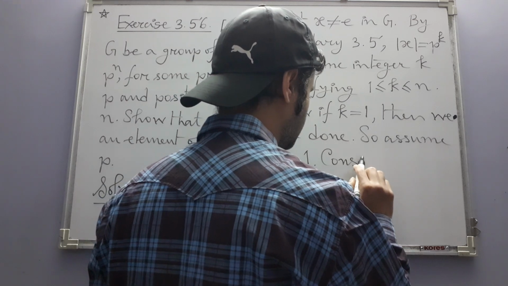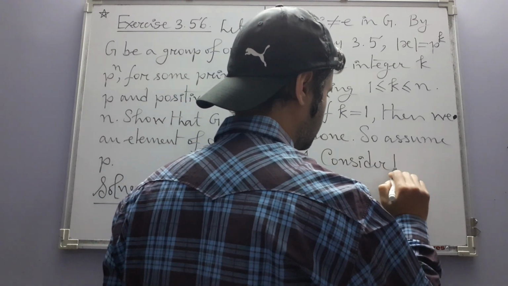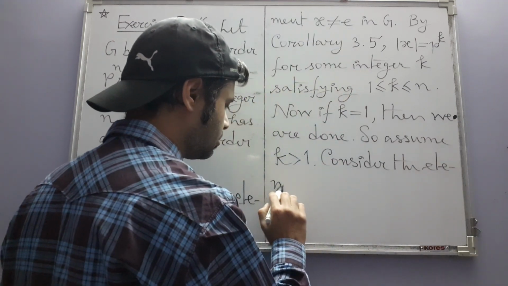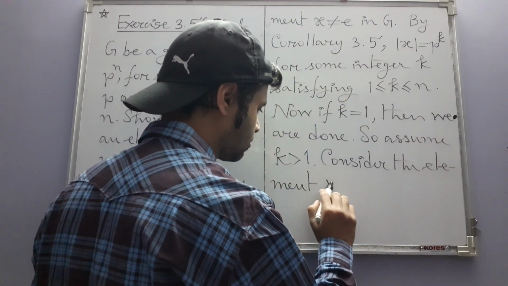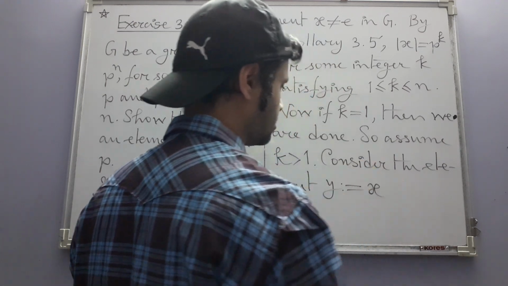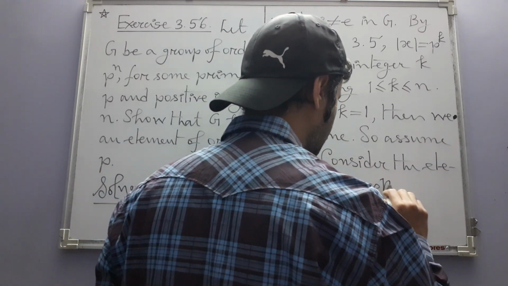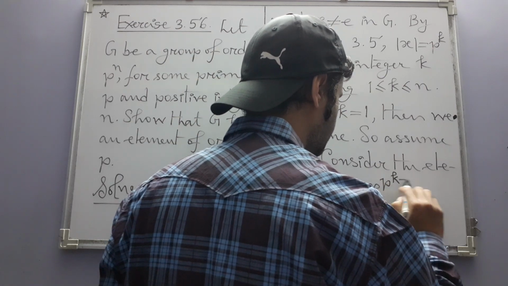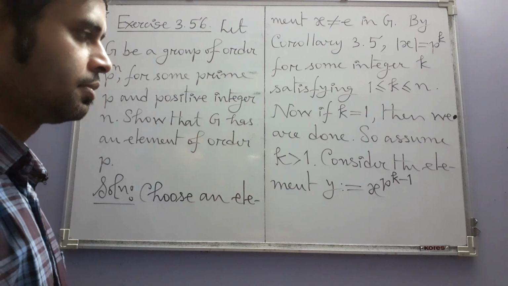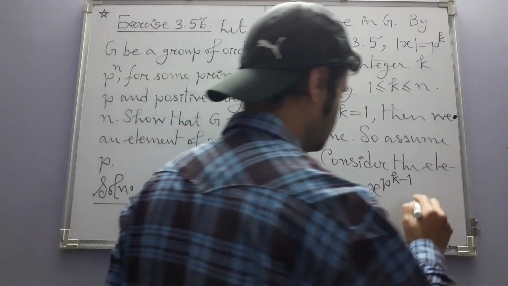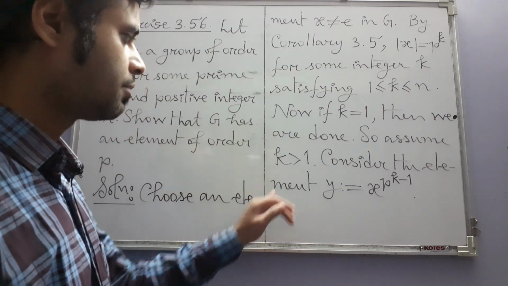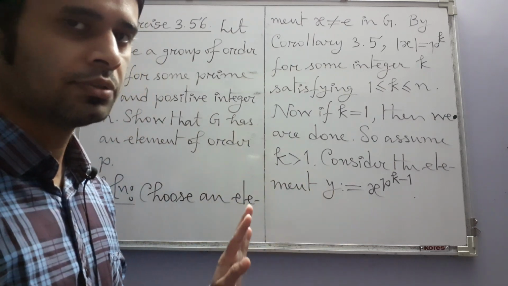Consider the element y whose definition is this. It is x to the power p to the power k minus 1. Note that because k is greater than 1, k minus 1 is a positive integer.